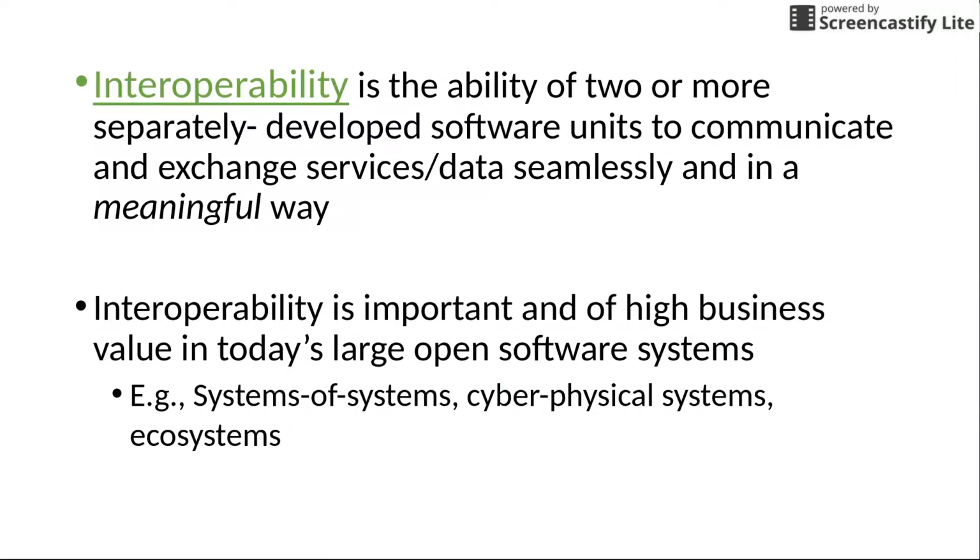A precise and correct definition of interoperability is needed because the term can have various interpretations in different contexts. So we define interoperability as the ability of two or more separately developed software units to communicate and exchange services or data seamlessly and in a meaningful way.